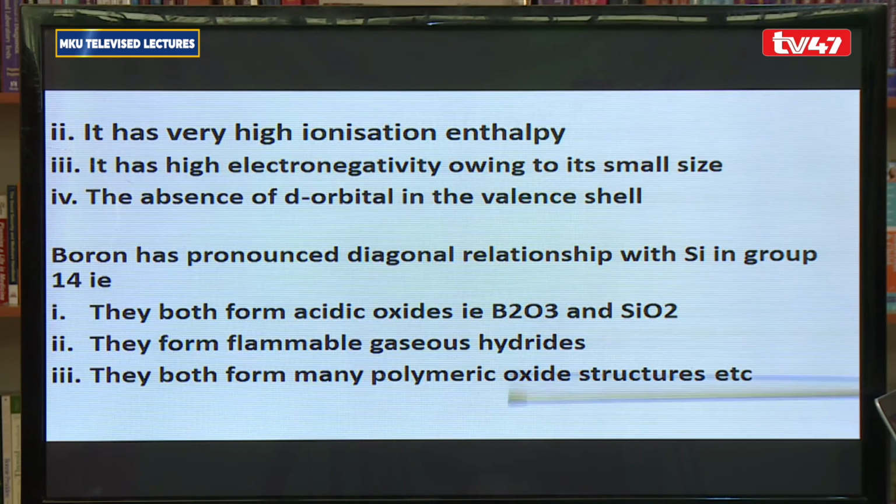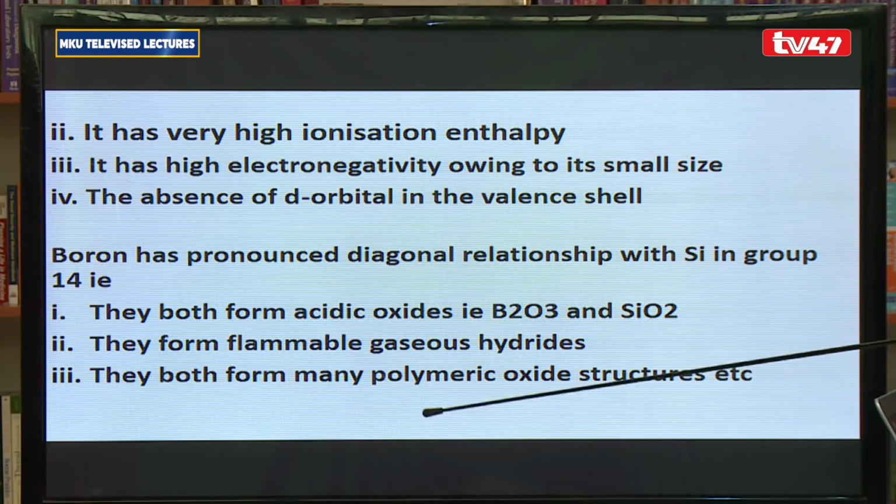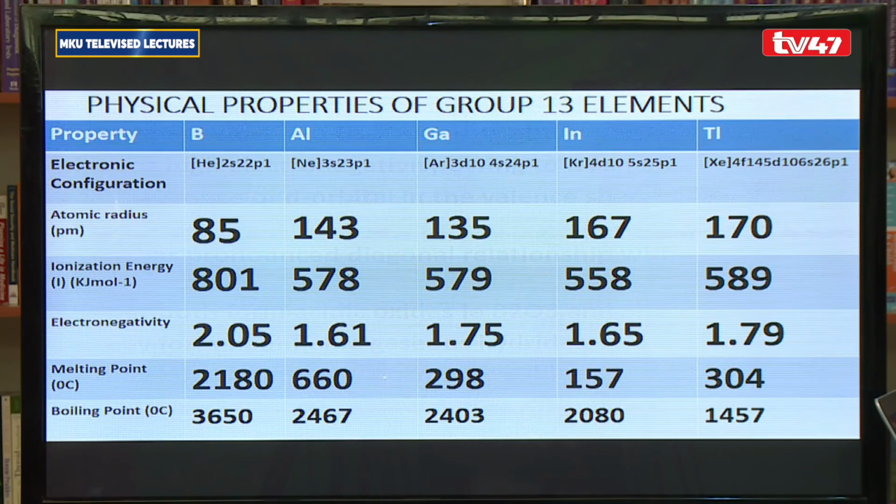They form gaseous flammable hydrides, while the hydrides of something like aluminium are solid in nature. They both form many polymeric oxide structures. So these are the group 13 elements.